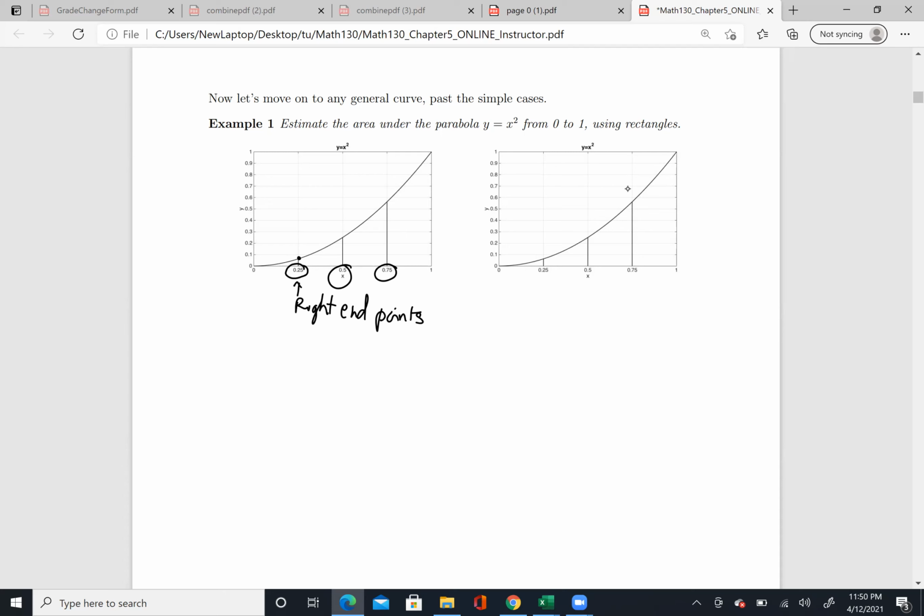You will draw the horizontal line to make it become a rectangle, right? So here's one rectangle that you may later use to add all the areas and get the area under the parabola from 0 to 1.